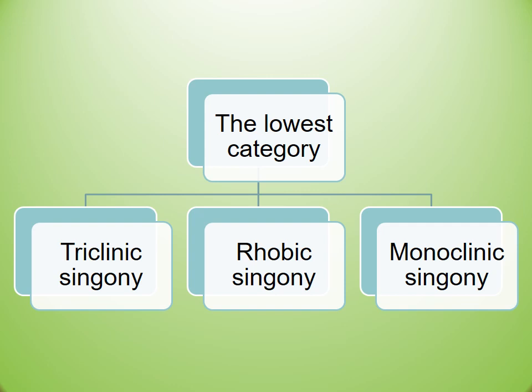And three crystal syngonies belong to the lowest category: triclinic syngony, rhombic syngony, and monoclinic syngony.